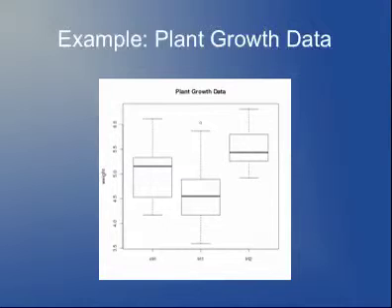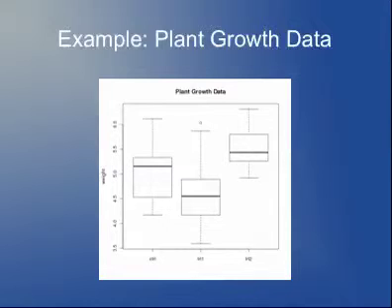So, just as an example of permutation testing in R, we'll use the plant growth data. I think we also used this for 2 sample t-tests way back when. As you'll recall, in this particular experiment there's a control group and 2 treatment groups.